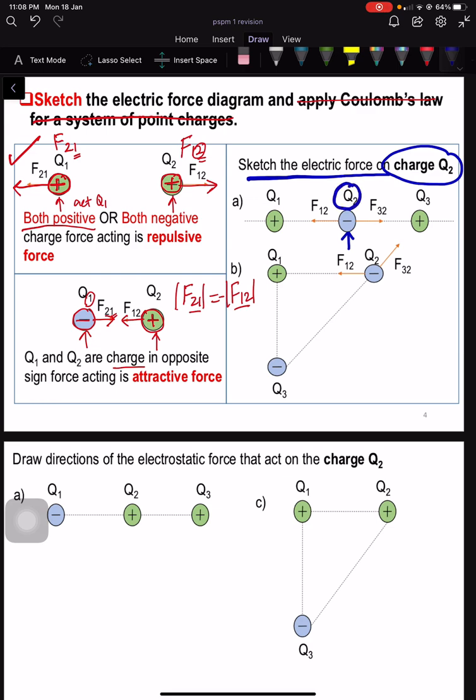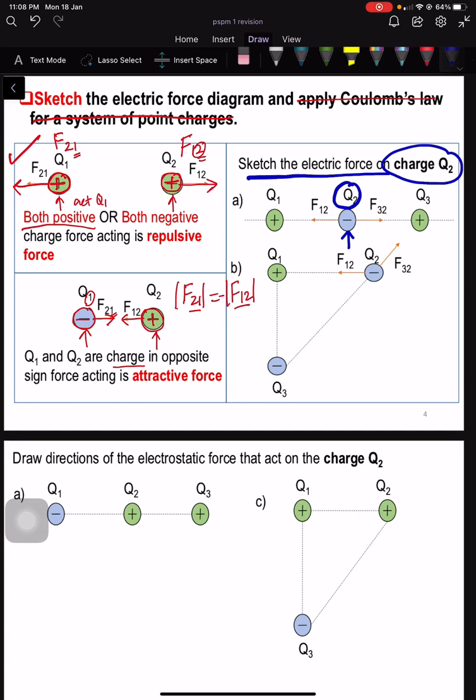Charge 2 acts as the test charge, and the other charges will be the point charges. So we react first with Q1. What is the relationship between Q1 and Q2? Q1 is positive charge, Q2 is negative charge. What type of force? Attractive force. So it looks like this.